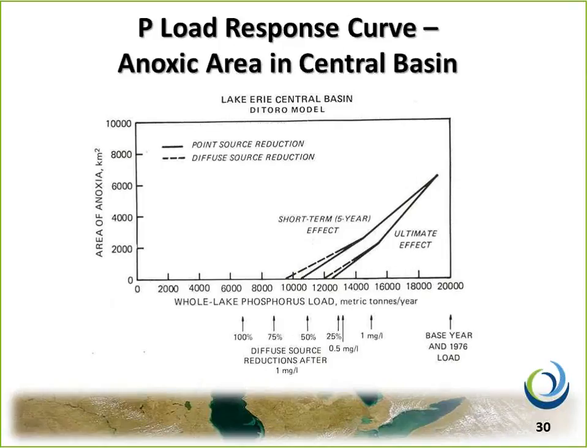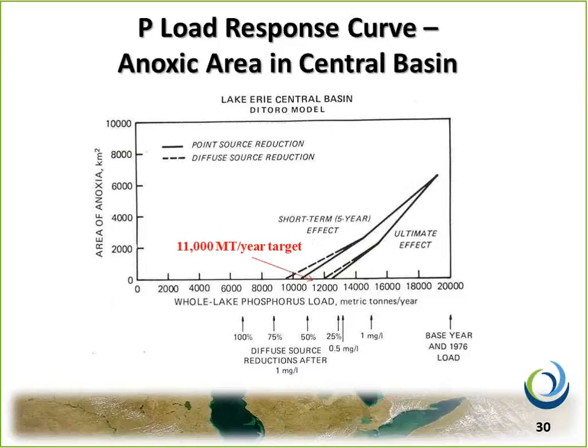The outcome was a phosphorus load response curve to try to solve this problem of anoxic area in the central basin. And so these curves that come out of the DeToro model show the more phosphorus, the more area was anoxic. And it appeared that if you could reduce the whole lake phosphorus load to between 10 and 12,000 metric tons per year, that anoxia would disappear.